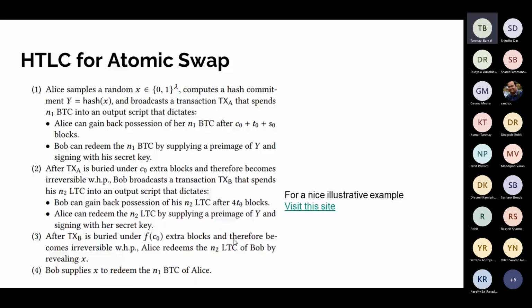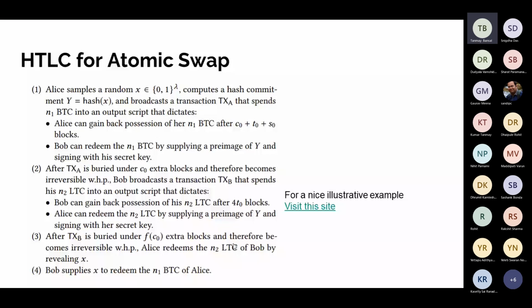And Bob, when creating this transaction of paying N2 LTC to Alice, is also using the same hash Y, but Bob still does not know the value of X. That is what we have to keep in mind. Now Bob creates the transaction, and Alice also knows that after a certain number of blocks it is buried, so with high probability Bob cannot go back on his promises.